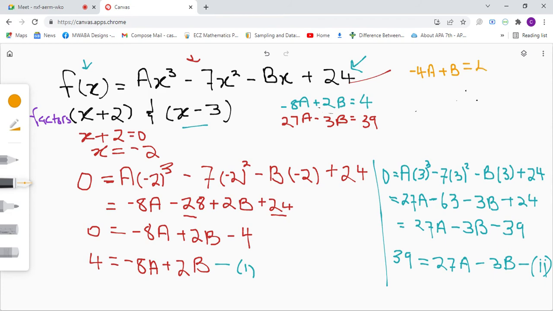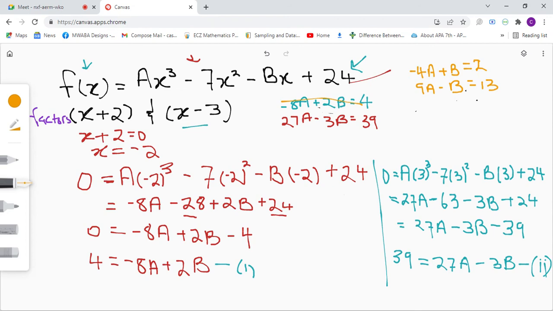Even this one can be simplified further. Let's divide throughout by 3. 27a divided by 3 is 9a, 3b divided by 3 is b, and 39 divided by 3 is 13.